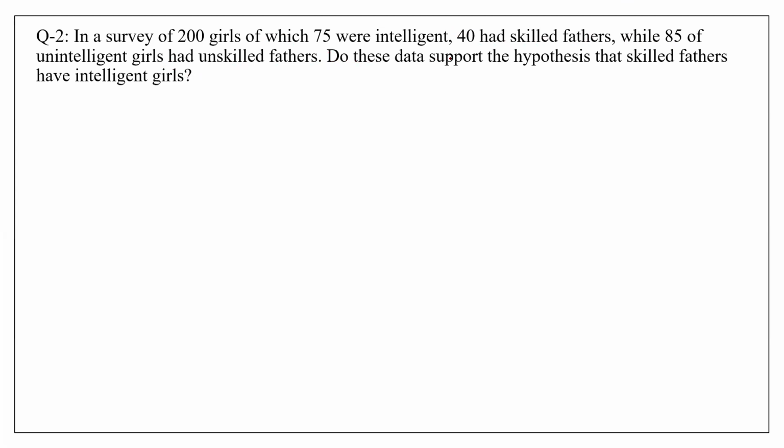So do this data support the hypothesis that the skilled father have intelligent girls? Now in this case we have two variables. One is skilled father and the intelligent girl. So we have two variables included here.